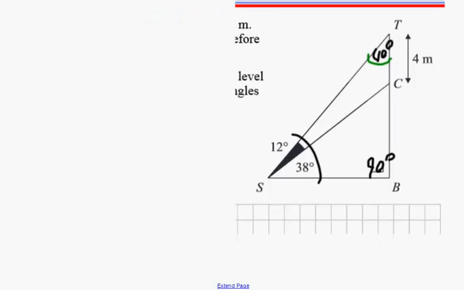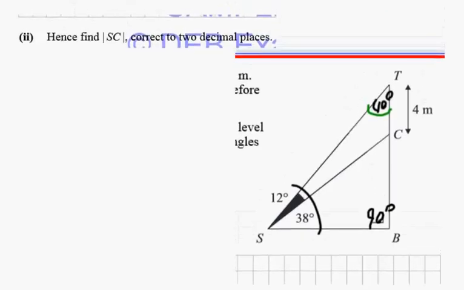Now, S to C. Okay, that's not too bad. Should we use the cosine rule? We're looking at the very top here. We have to get S to C. So what I'm going to say is, why don't we look at the triangle? This is just this triangle here on its own.